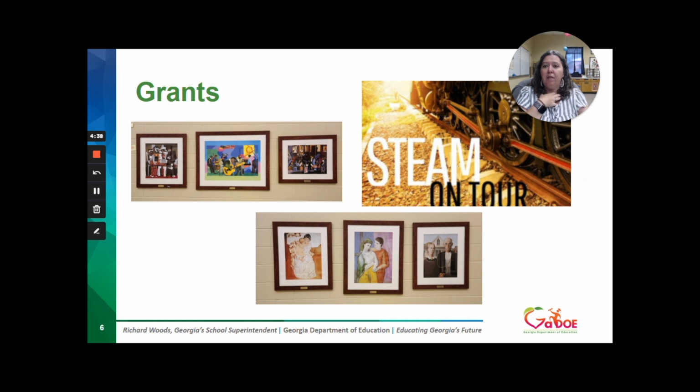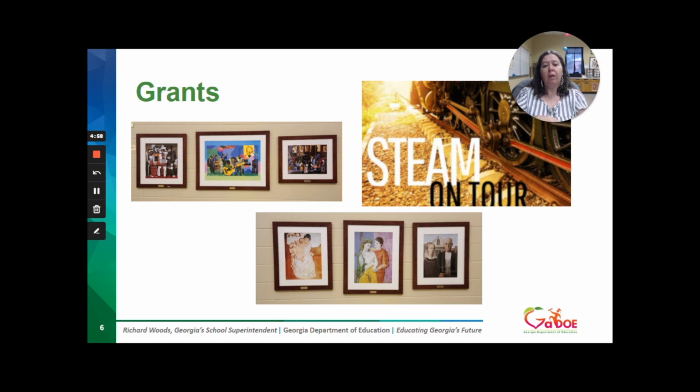Another way to find things or ideas to hang in your hallway are grants, and it doesn't necessarily have to be an art grant. Our school system wrote and received a STEAM grant for a program called STEAM on Tour.